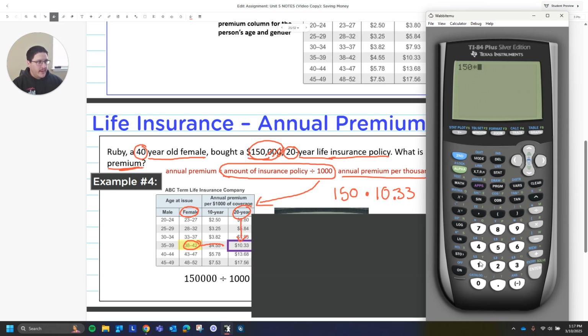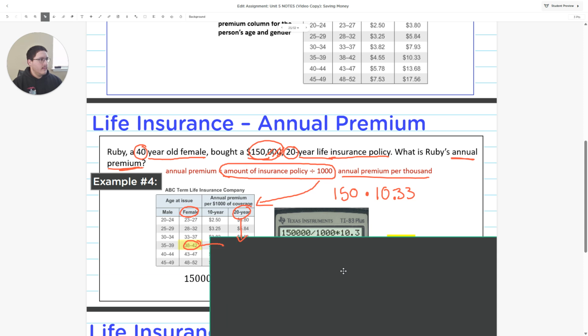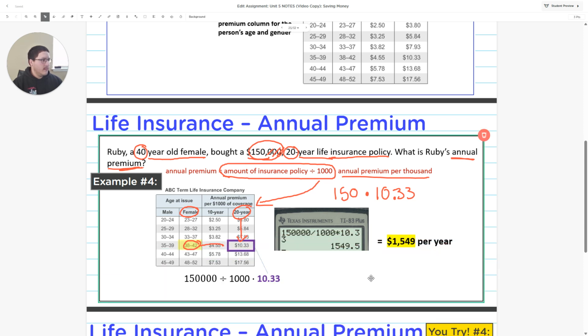So again, 150 times 10.33, and annually it's going to cost her $1,549.50.